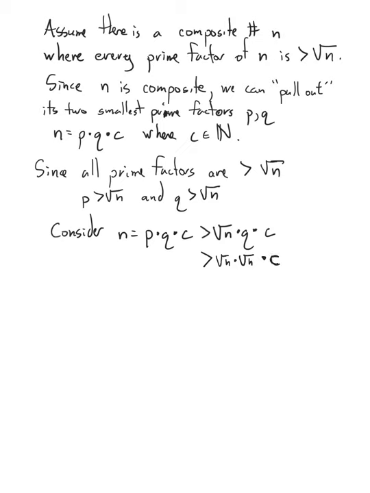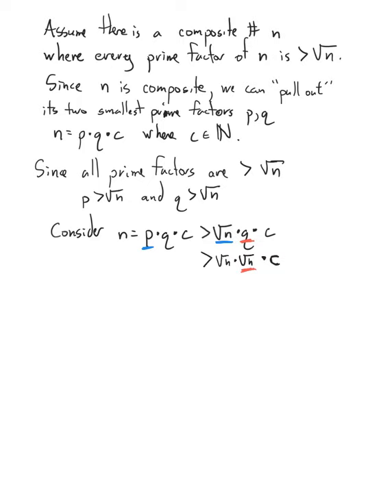So in the first step, I'm replacing p with square root n and getting something smaller. In the second step, I'm replacing this q with square root n and getting something even smaller.